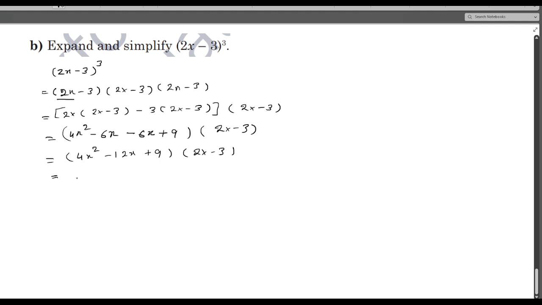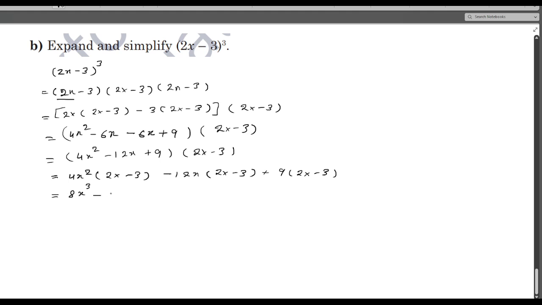Now this time I will use a different approach. I will multiply this 4x square with this 2x minus 3. Then I will multiply this minus 12x with 2x minus 3. And then this plus 9 with this 2x minus 3. So the result is 4 times 2, which is 8. x square times x is x cube, so this is 8x cube.